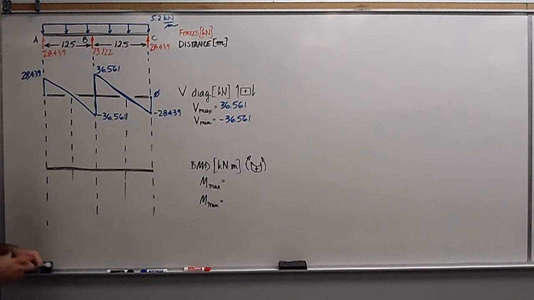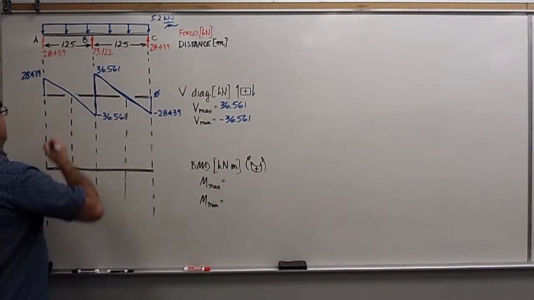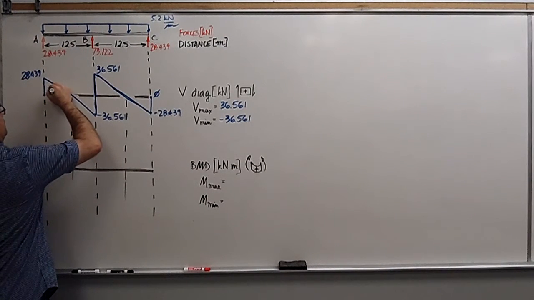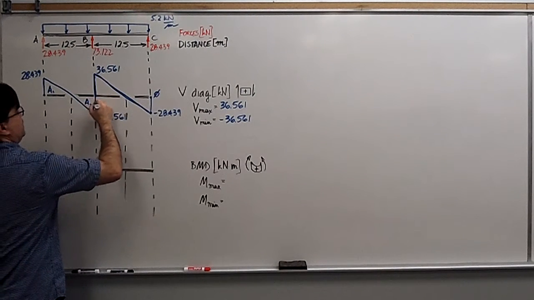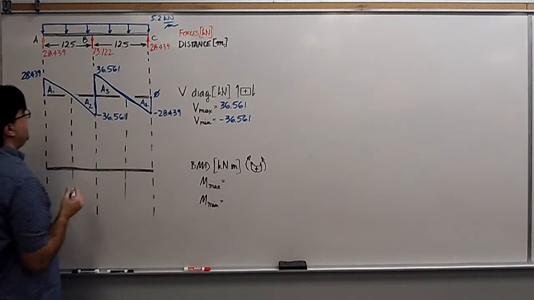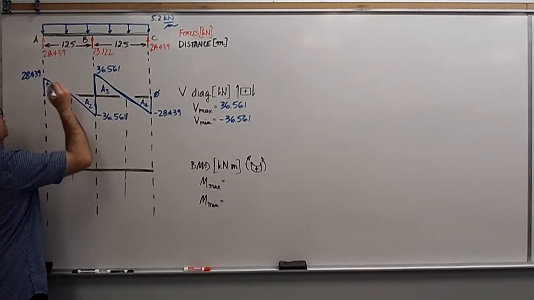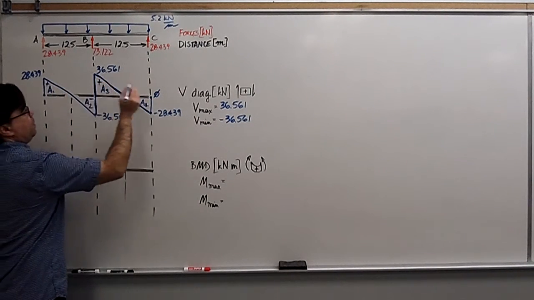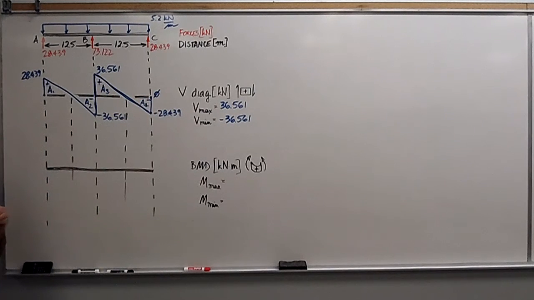So we have an area 1 here, area 2 here, area 3, area 4. And I remind myself, this one's going to be positive, negative, positive, negative. So I don't forget, okay?